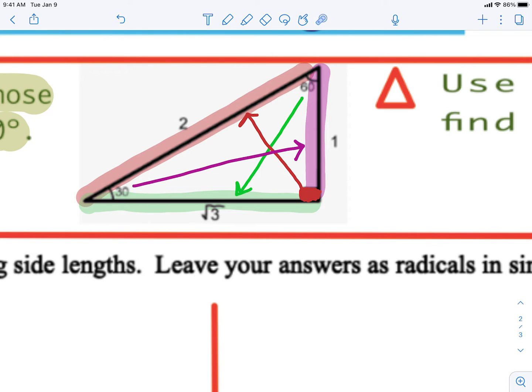And the short leg is always a multiple of 1. So if this is 1 and this is 2, this is double 1. This is 2 times 1. That means the hypotenuse is 2 times the short leg. So whatever the short leg is, times 2 will give you the hypotenuse. And the long leg, across from 60, will give me radical 3.